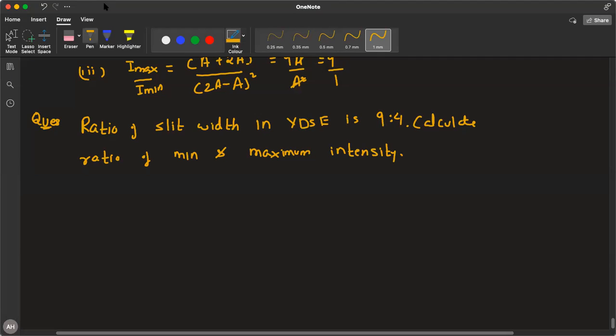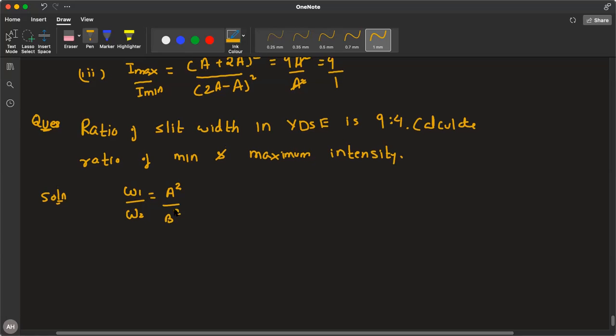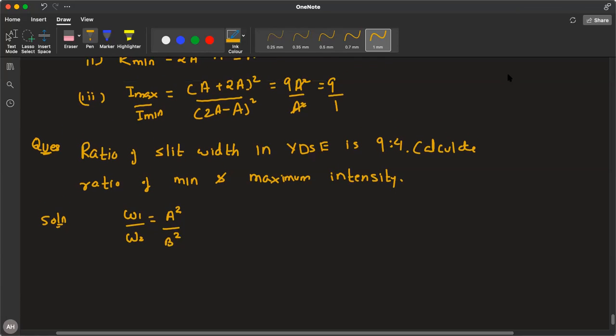Okay, I got answers from Faisal, Abdullah, and Amalia. Amalia, just check your calculation. See, Amalia, the ratio of width is the ratio of A square and B square, not A by B. So you can get A by B from here.